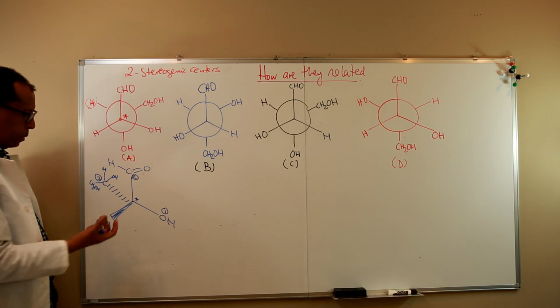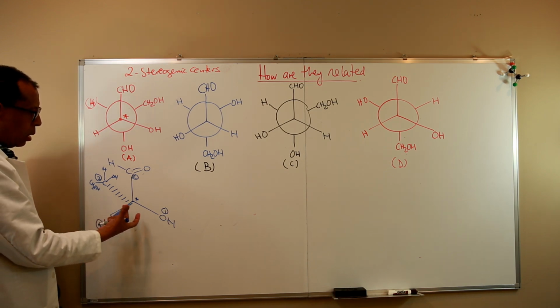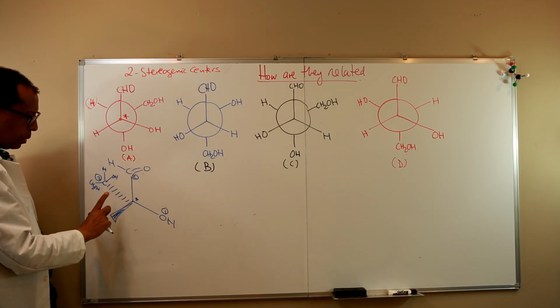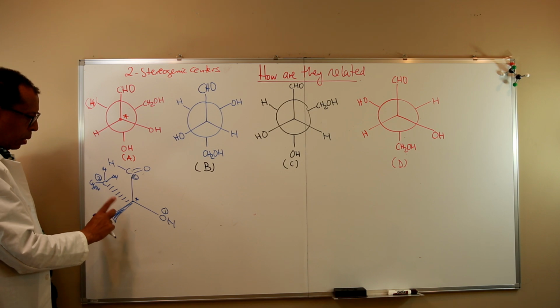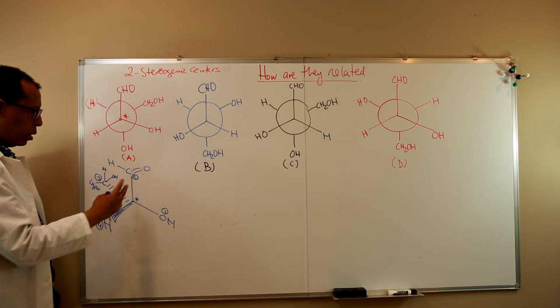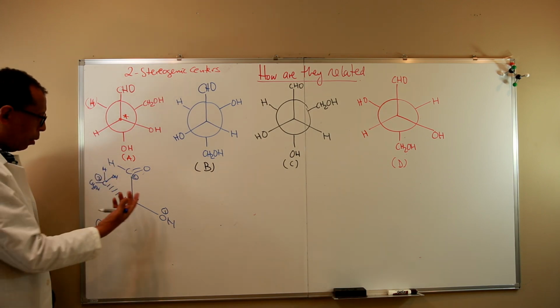Right now, what I'll do is send 4 to the back, okay? And OH comes here. This is a rotation, it doesn't change the molecule. Rotation doesn't change the molecule.